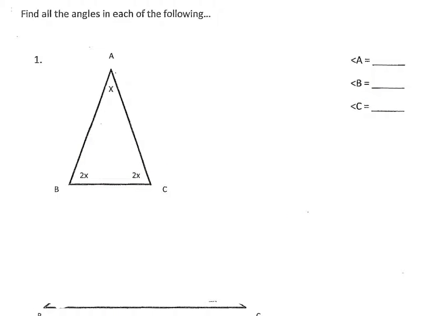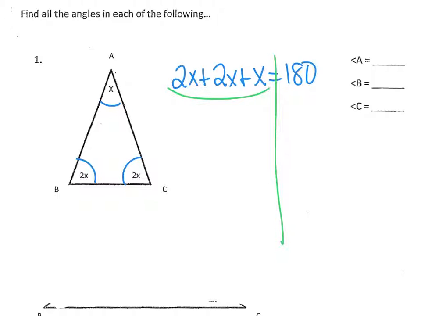I'll just do a couple more examples here in case you want to keep seeing a few more. Again, we're trying to find A, B, and C. The first thing we want to do is write an equation. All the angles add up to 180 degrees. So we have 2x plus 2x plus x equals 180 degrees. To solve this, we add these all together, and we get 5x equals 180 degrees.